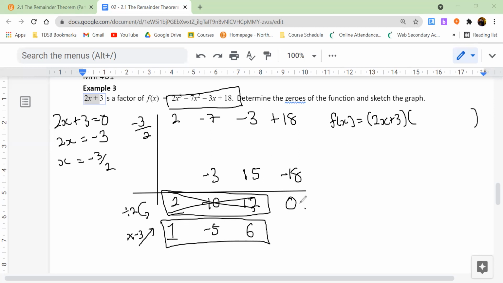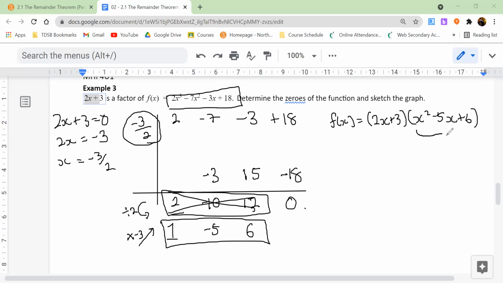It is the one right underneath when you have divided it by 2, x squared minus 5x plus 6. So whenever you get a fraction, please make sure you use the fraction when you're dividing. It helps that much more. Okay? Now, of course, the remainder is 0, so I don't have to write it. Look what you did. You actually perfectly factored a cubic.